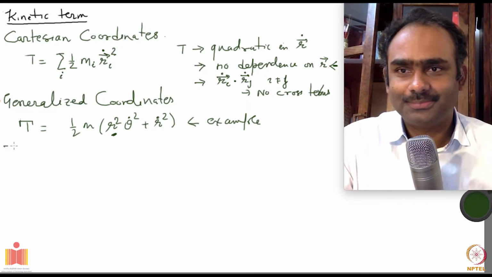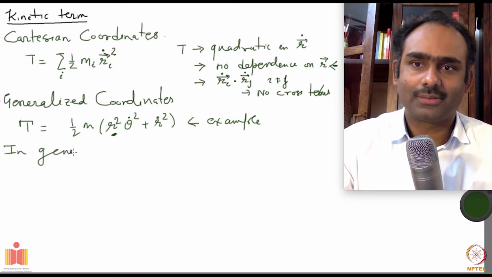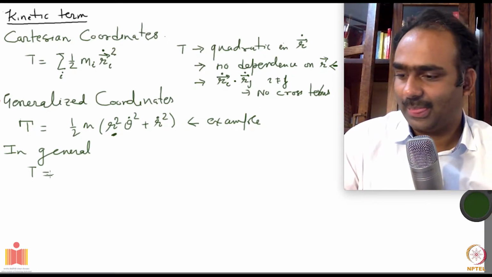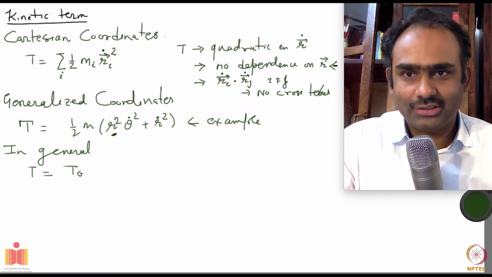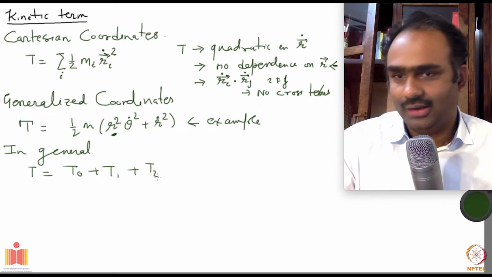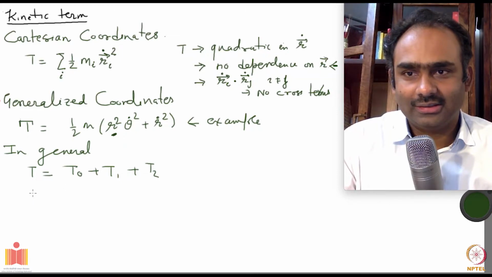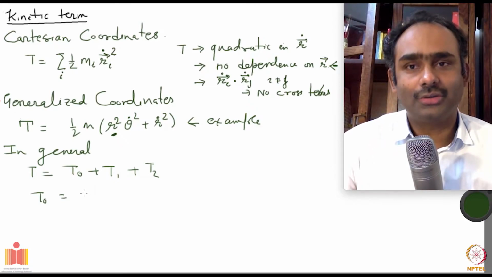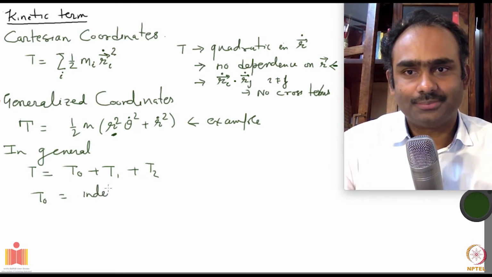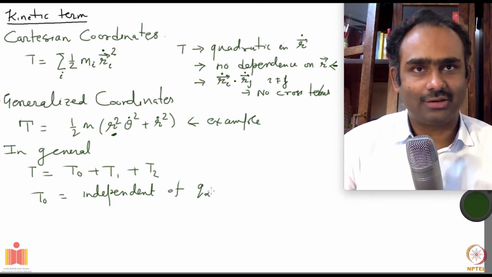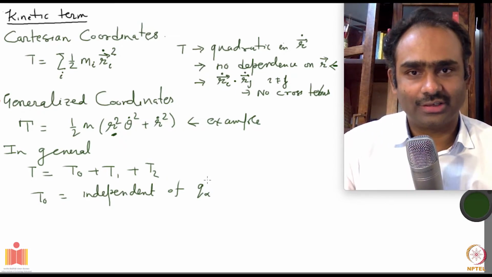So in general, the kinetic energy can be written as a sum of three terms, which I will call T0 plus T1 plus T2, where T0 is independent of q dots, independent of the generalized velocities. Here alpha will run from 1 to whatever degrees of freedom you have.